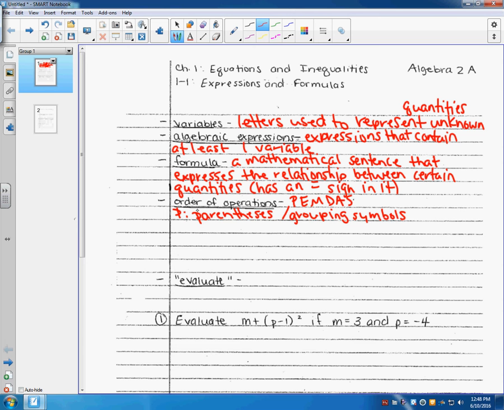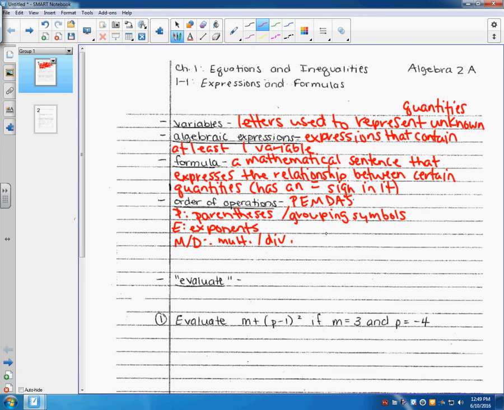What does the E stand for? Exponents, right? You all know what an exponent is. The M stands for multiplication. The D is division. You already knew that. But they go on the same line. So with multiplication and division, if they're both in the same problem, how do you know which one to do first?